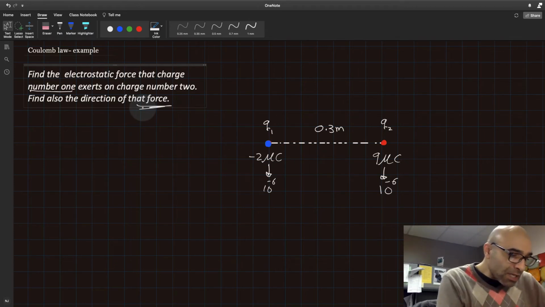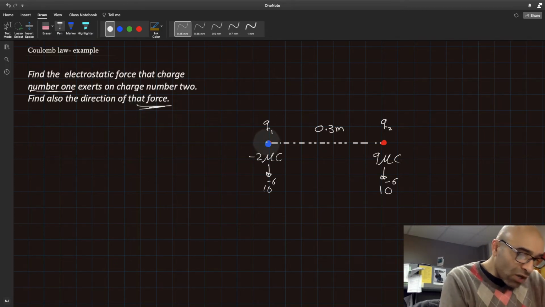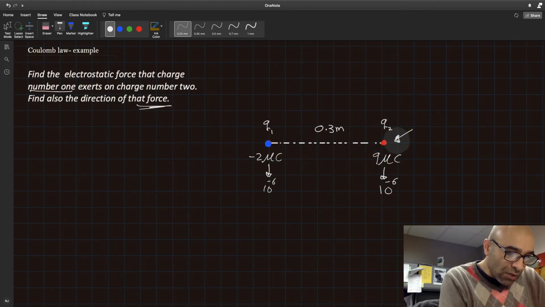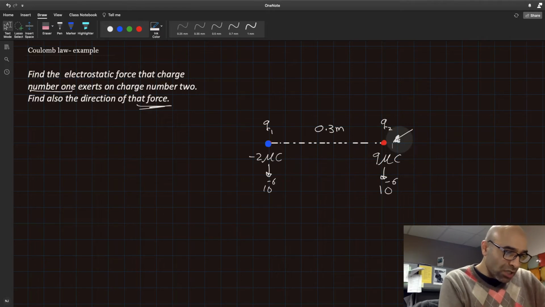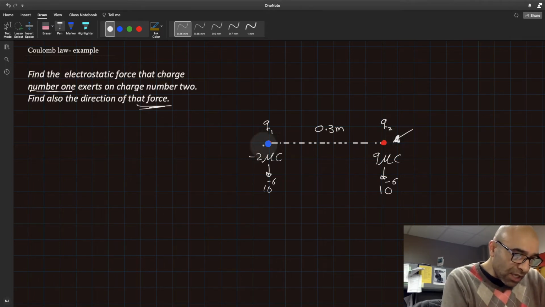Now we specified how much this charge is acting on this one, so the object of interest is this charge. It's falling within the vicinity of this charge, and this charge is acting on it.